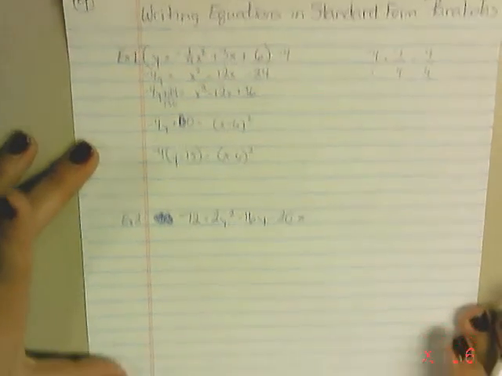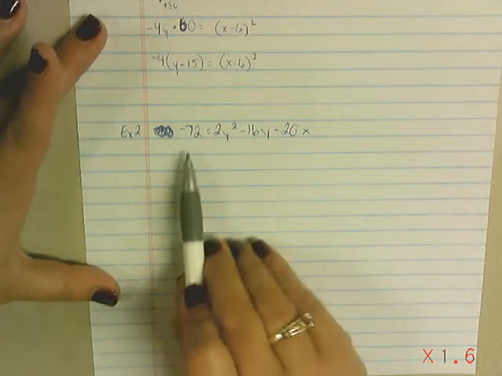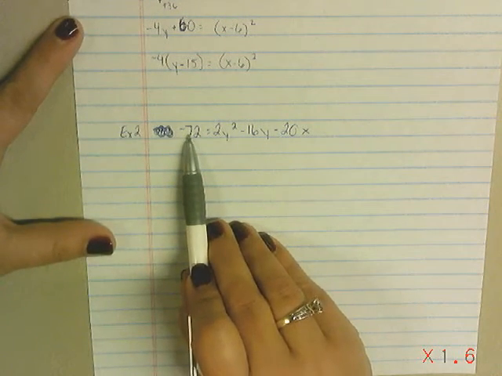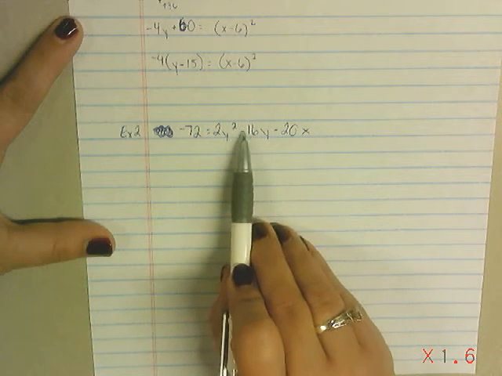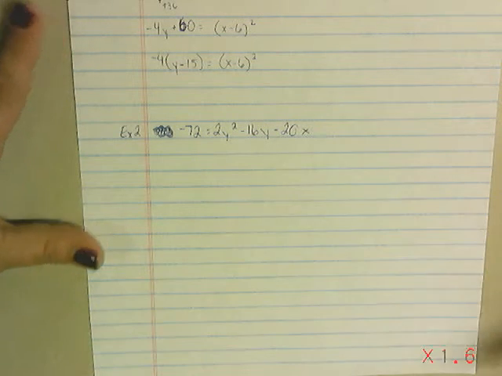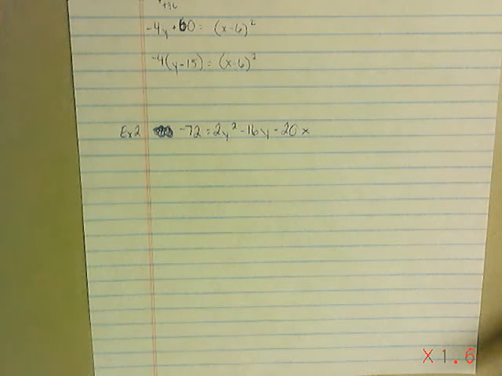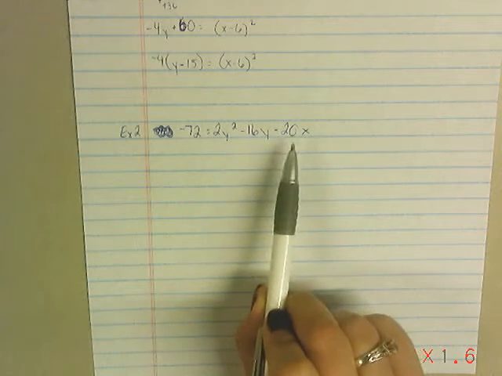Okay, let's do another one of these because parabolas are a little bit more tricky. All right, so our equation is -72 equals 2y squared minus 16y minus 20x. So again, how do I know it's a parabola? I know it's a parabola because I don't have an x squared.